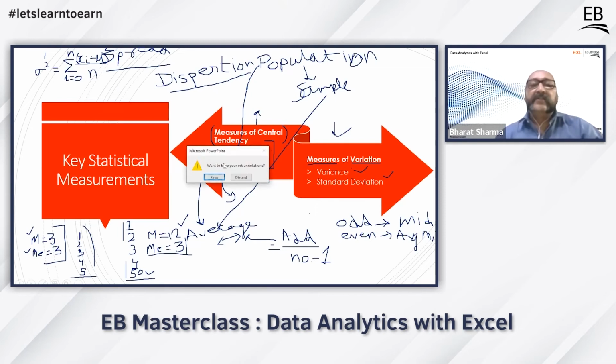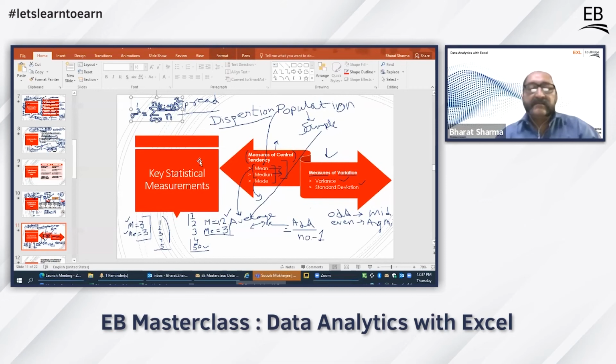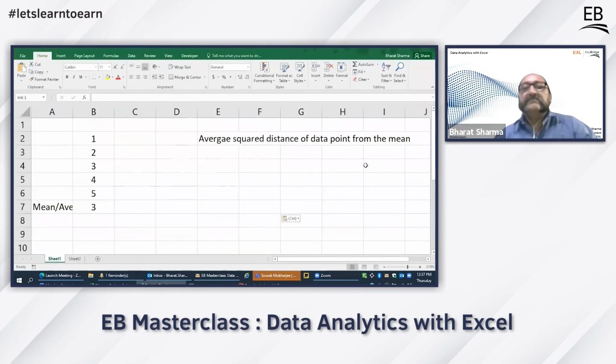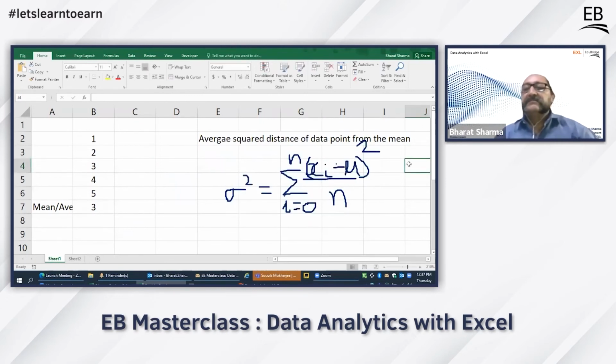Okay, so it will look like this. This is how it is denoted: sigma square equals large sigma, where i goes from 1 till n, xi minus mu whole square, divided by n. So let's do the variance using this formula.